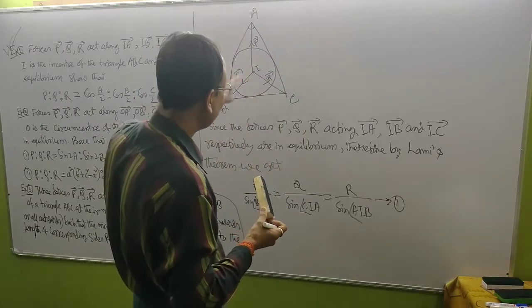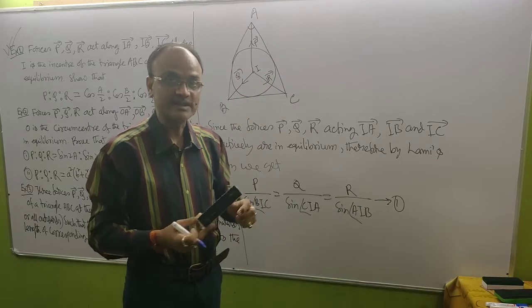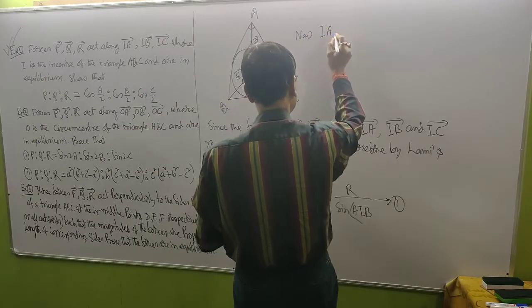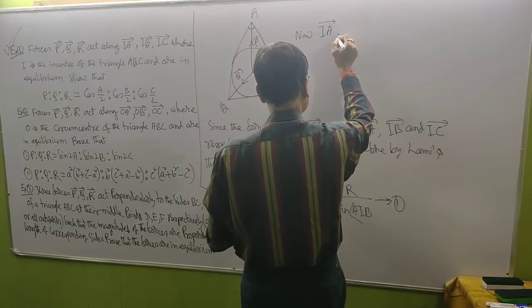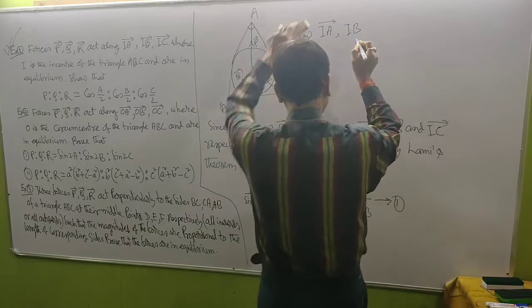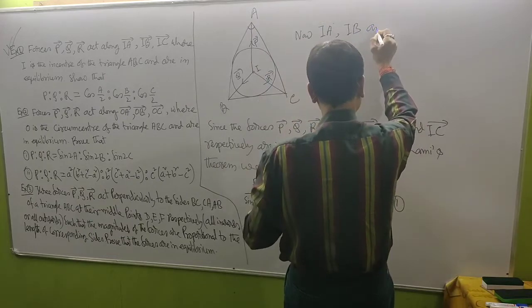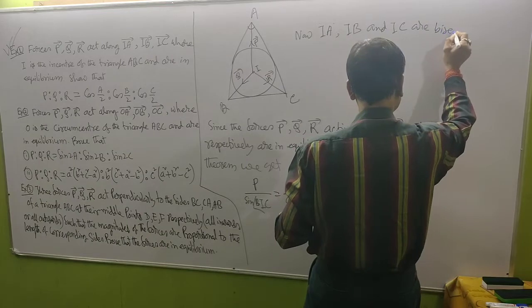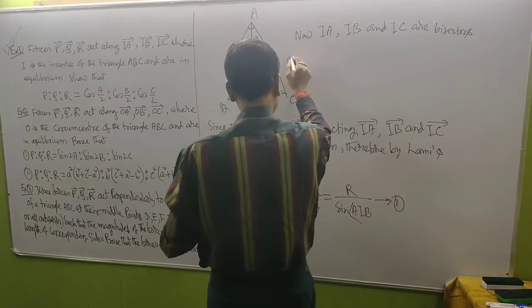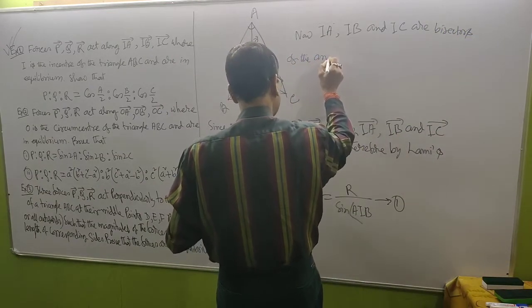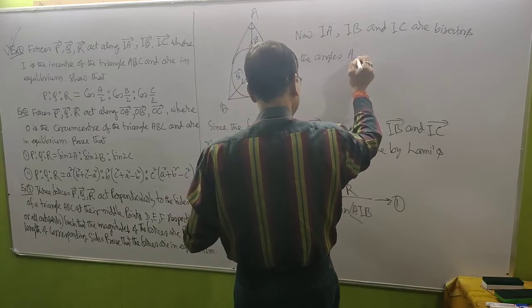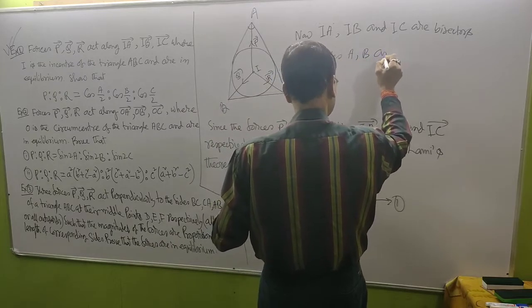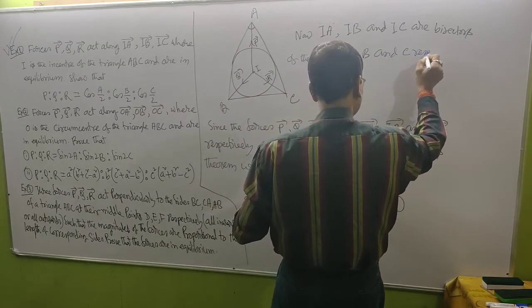It means IA, IB, IC are the bisectors of the angles A, B, C respectively.